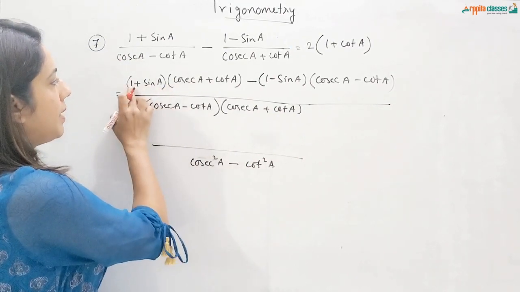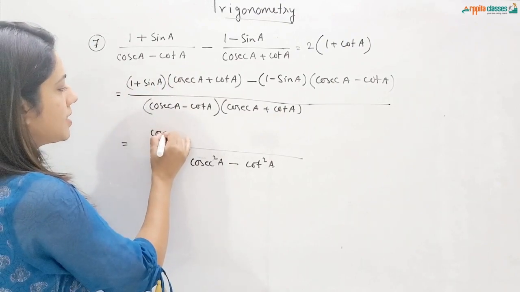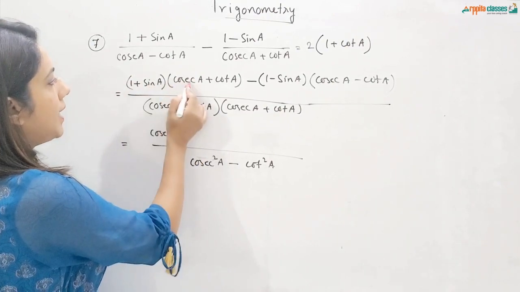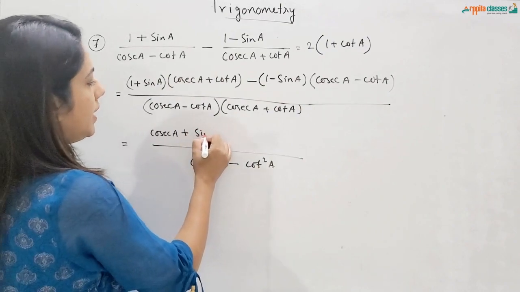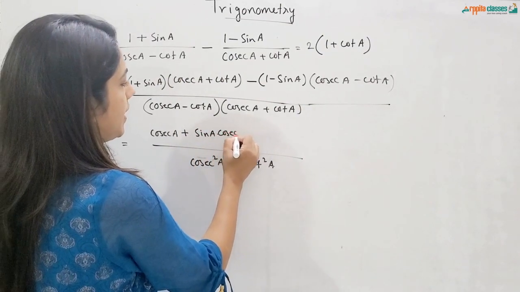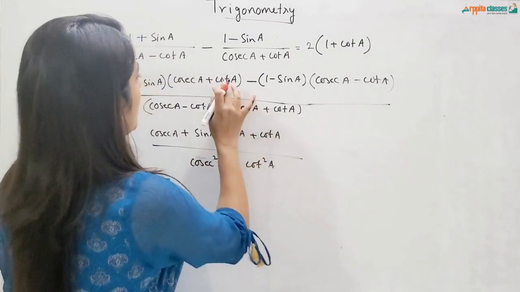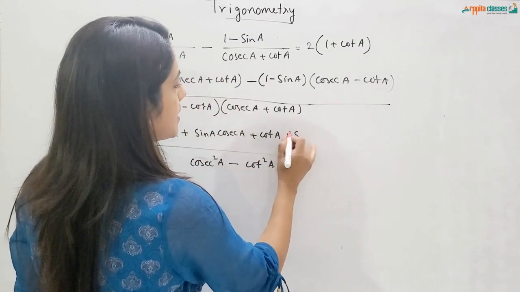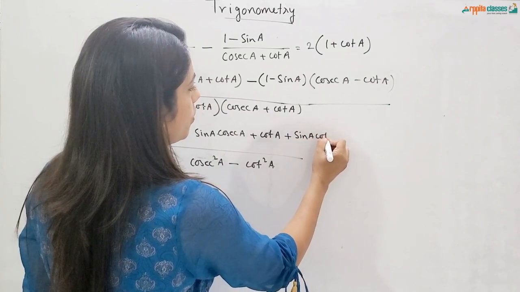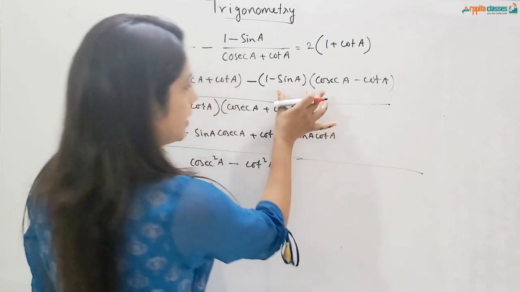So we'll just multiply this 1 into cosec A, that is cosec A, sine A into cosec A. So we'll write this way. Cot A into 1 is cot A. Cot A into sin A, that is sin A into cot A. Now this one.